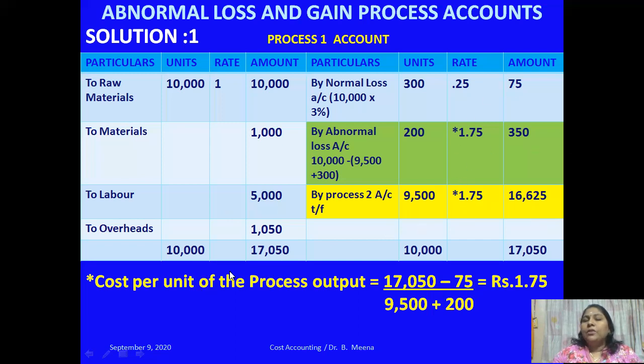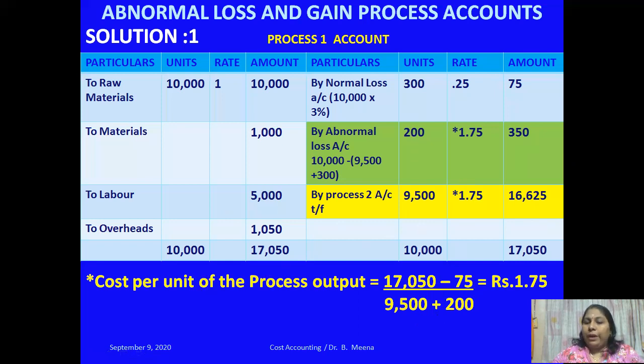Okay, 75. So 17,050 minus 75, divided by, whenever you have an abnormal loss, just do the calculation in the denominator like this: 9,500 plus what is my abnormal loss? Whenever you have abnormal loss, add the abnormal loss in the denominator.